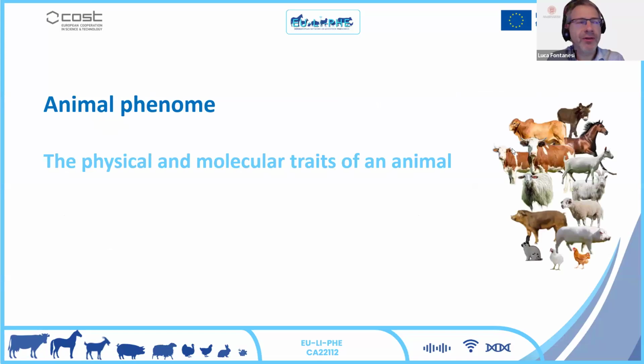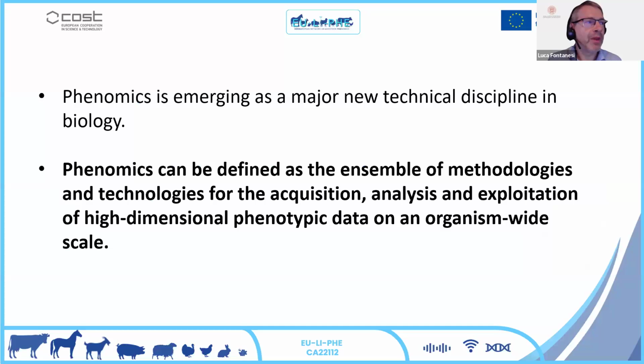We can also define the animal phenome as a sort of ensemble of the information that can construct an animal. It is considered the physical and molecular traits of the animal. So we can identify many types of phenotypes at different levels that can in some way describe and dissect the animal phenome at many different levels.